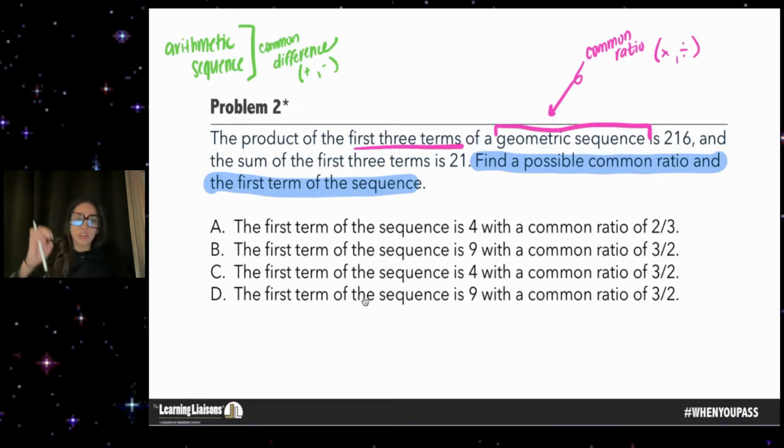And so if the first 3 terms of a geometric, if the product, which means answer, let's use a different color. So product is the answer to a multiplication problem.